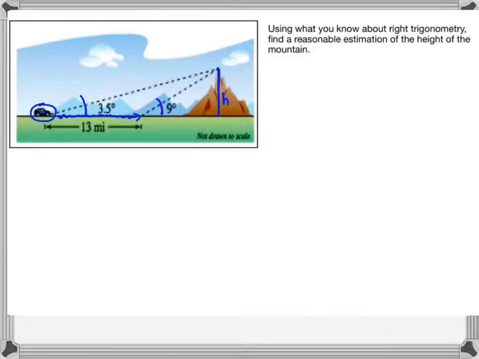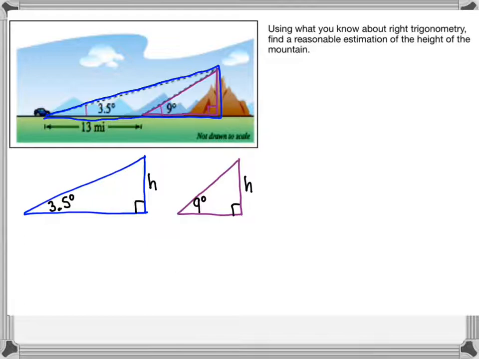So here we go. We have these triangles here, and we have put the triangles off to the side. We have this shared side of the blue triangle and the purple triangle, and that's what we're trying to solve for, the height. We need this bottom piece, because we have the information of 13 miles. But it's only 13 miles you drive towards the mountain.